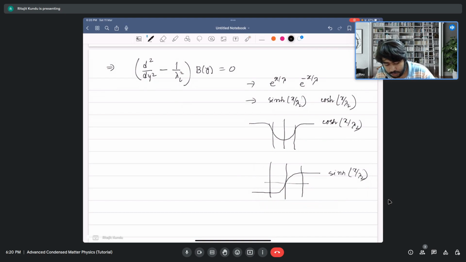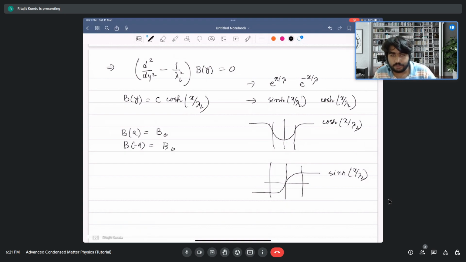So B of y will be given by C cosine hyperbolic x by lambda L. Now we'll have to match the boundary condition to find the coefficient C. We have two boundary conditions: B of a is B naught, and B of minus a is also B naught.